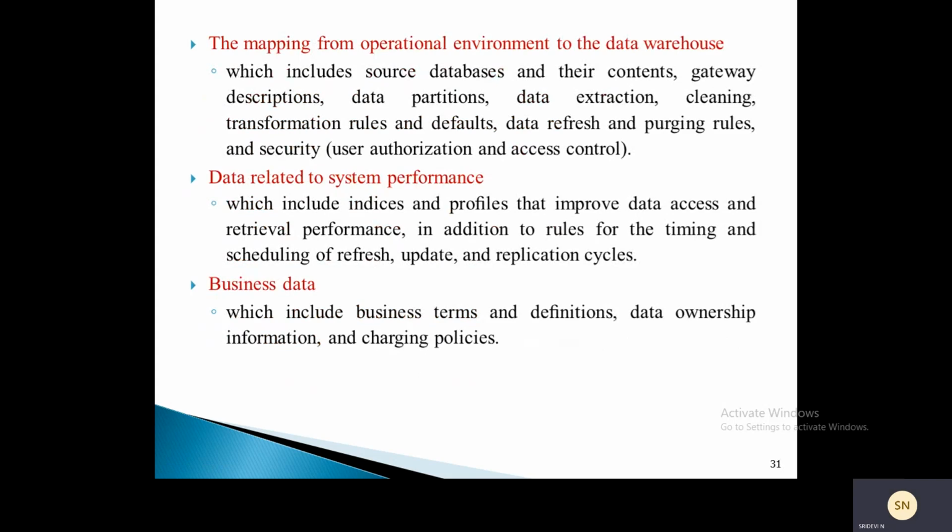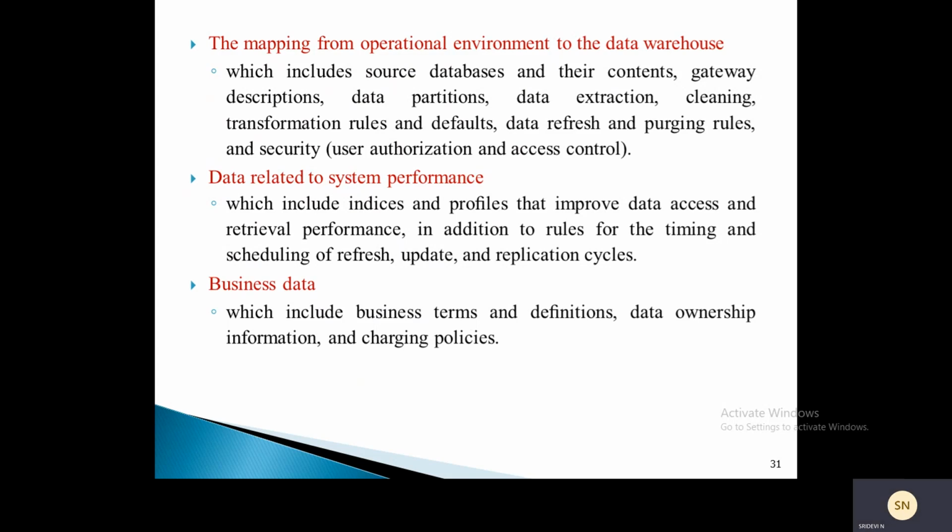And mapping from the operational environment to the data warehouse: source databases and their contents, gateway descriptions, data partitions, data extraction, cleaning, transformation rules and defaults, data refresh and purging rules, and security. All these should be mapped.